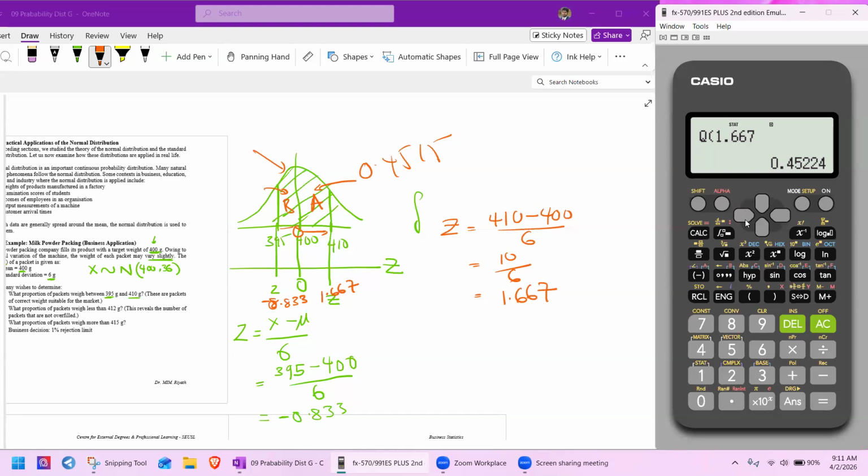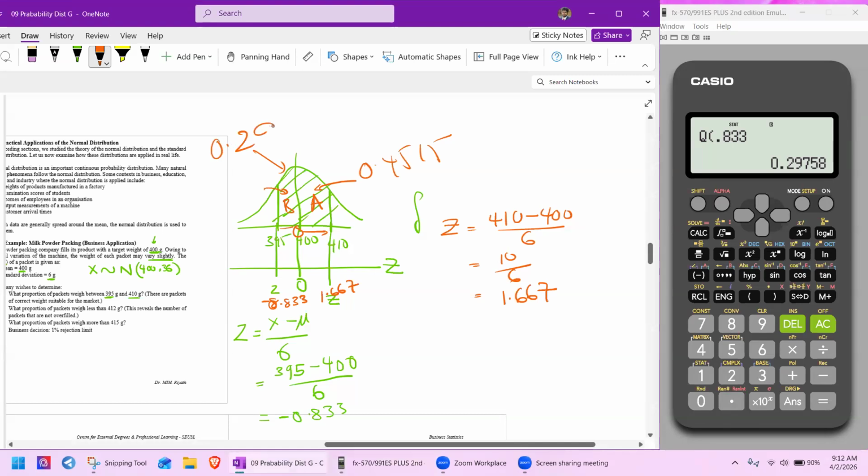Now we find in the table 0.833. Area B equal 0.29758.